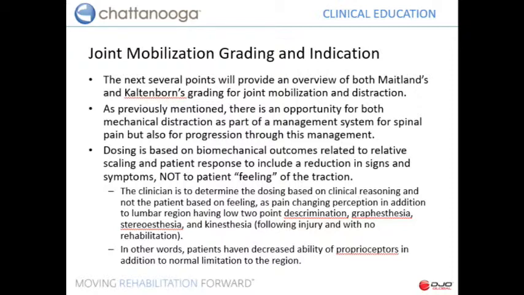So I think it's also important that when we consider the type, that again we go back to the dosing, and typically what I tell people is it's not based on the feeling of the patient. You really need to have an understanding of your device and apply the same logic as to why you would use a certain degree of force, the amount of resistance, when applying mechanical distraction.